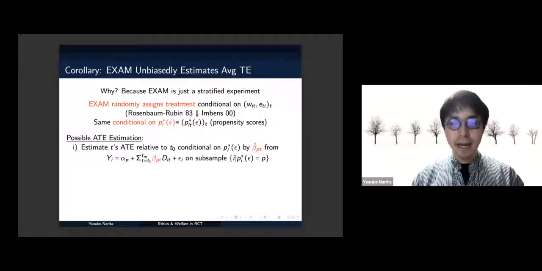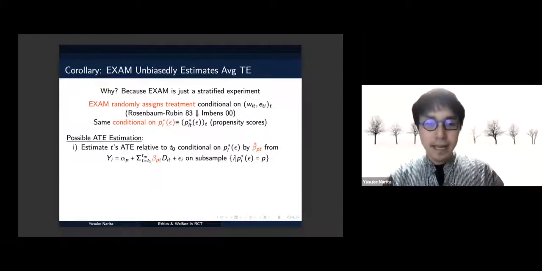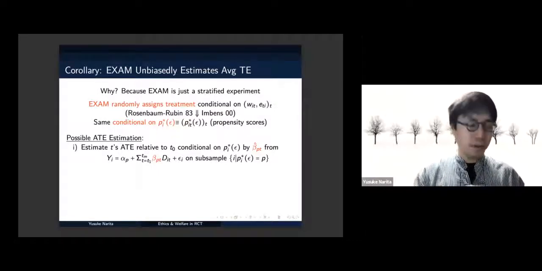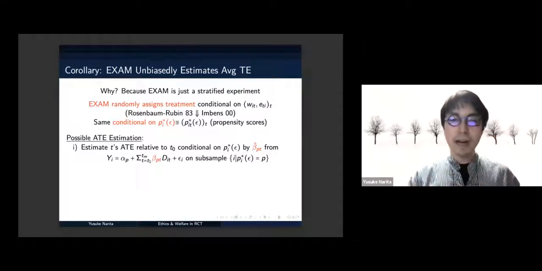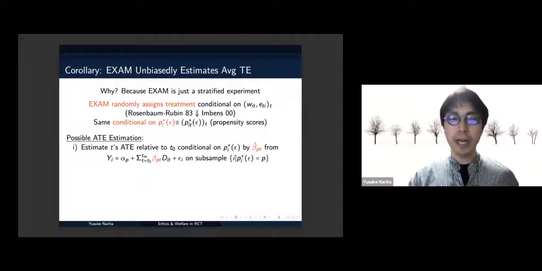Then let's regress the observed outcome Yi on observed treatment assignments Dit to get these coefficients beta_pt. And this beta_pt is an unbiased estimator of the conditional average treatment effect of each treatment t on the final outcome for this subpopulation of individuals with a specific value of the treatment assignment probability.